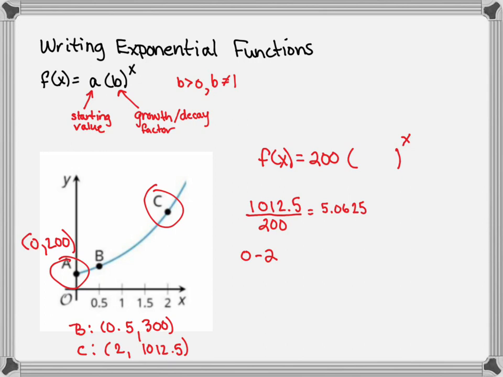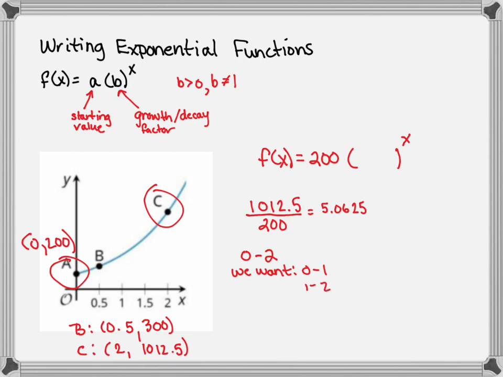Now, this isn't the growth factor because the inputs are not 1 unit apart, they are 2 units apart. I'm going from an x value of 0 to an x value of 2. We want to find what the growth factor is by looking at inputs that are 1 unit apart.